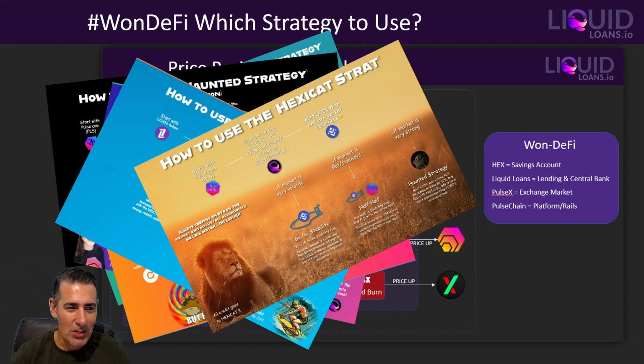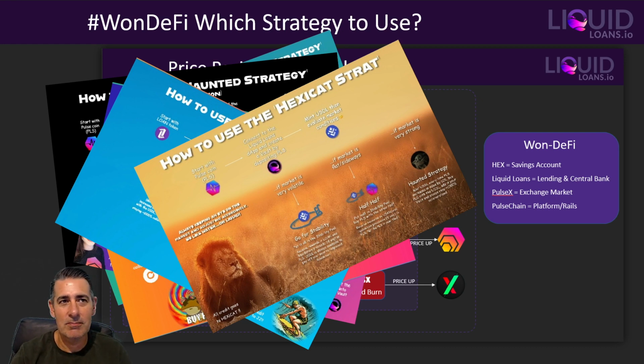Now, it's great that everyone's out there and they're figuring out all the cool ways we can use liquid loans to benefit ourselves and the whole ecosystem. So it really is a tool that once you understand those feedback loops that I talked about, the possibilities are endless how you can snap these things together and take gains from one component and push it in through another component, take the gains from that and feed it back through to the previous one.